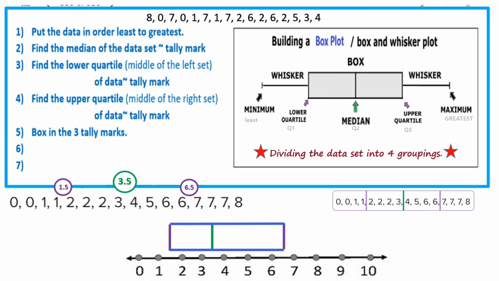And if I have them in order from least to greatest, that makes my job a lot easier. So my first whisker on the left is going to go from my lower quartile all the way down to my smallest number in my data set. So when I look at that, that's a 0. So I'm going to put a tally mark where the 0 is, and then I'm just going to connect it. That makes the whisker to the box itself.